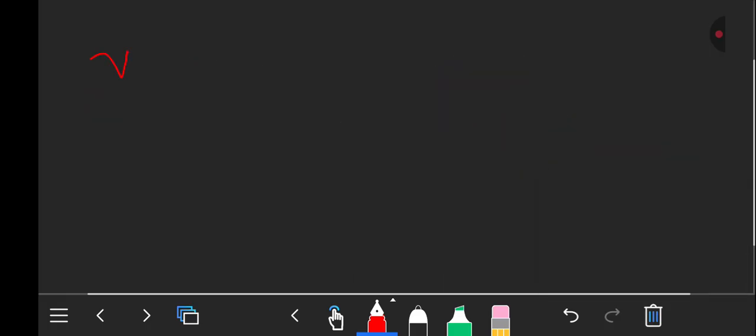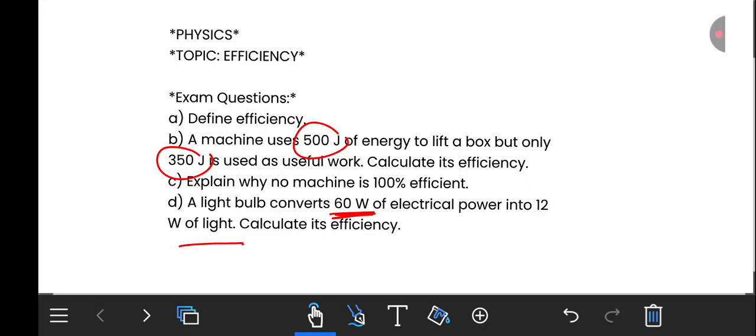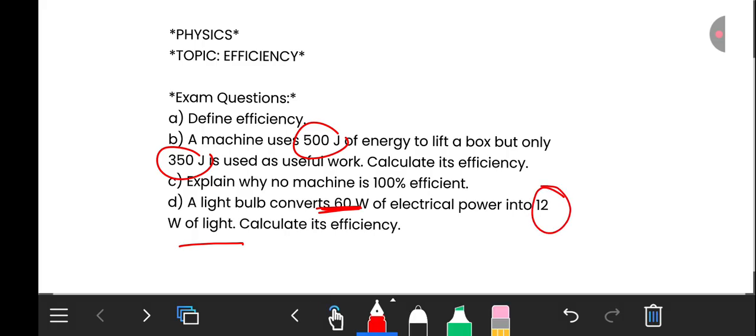So efficiency will be equal to, what is the useful power output? The useful power output is 12 watts.